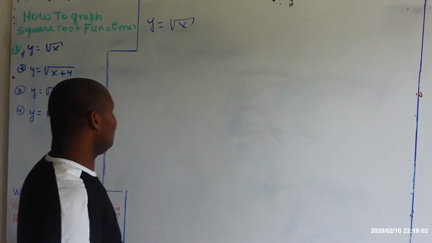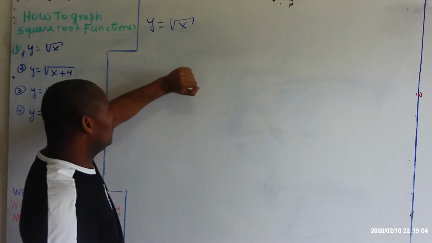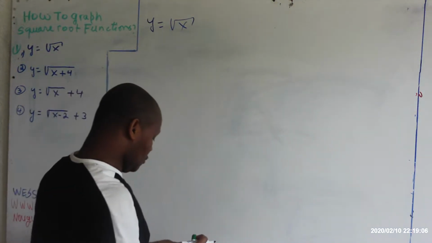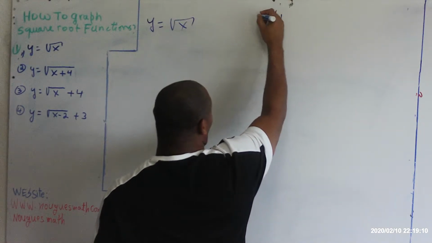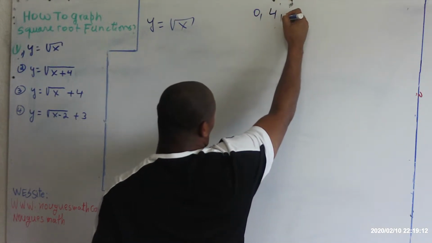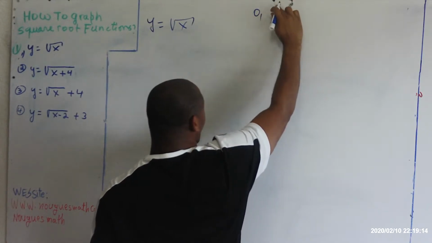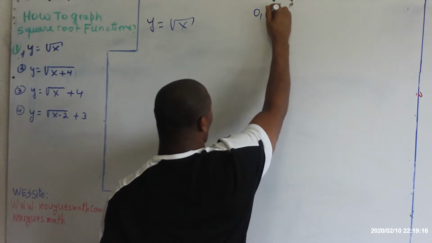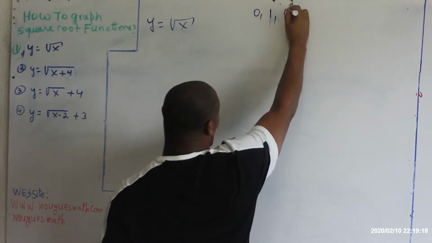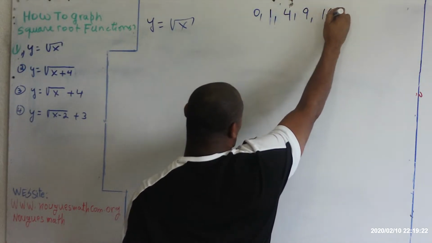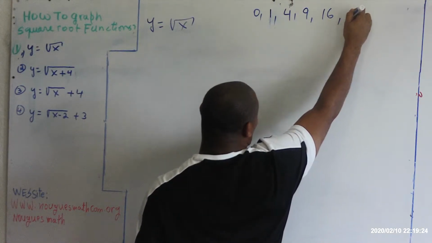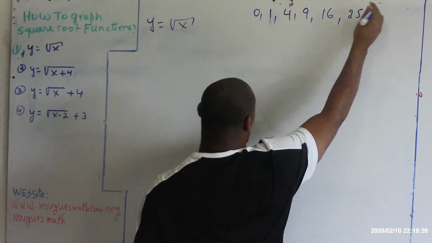You remember the perfect square numbers. Let me write it down for you. Let's write 0 first, then 1, 4, 9, 16, 25, and so on.